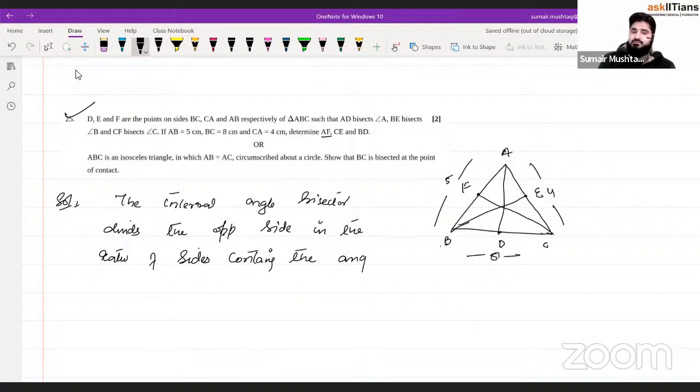What does that mean? That means if I take angle A, I will say AD bisects angle A.